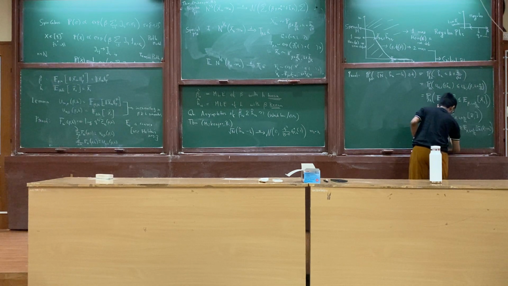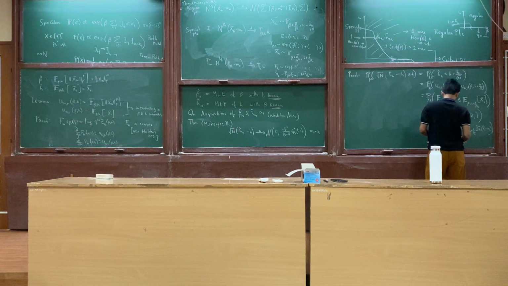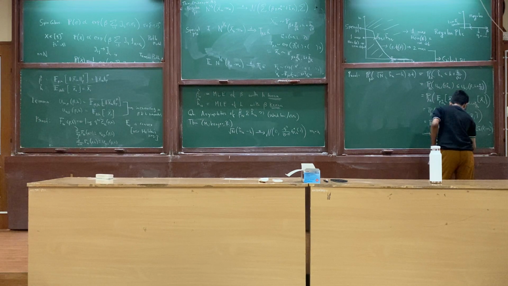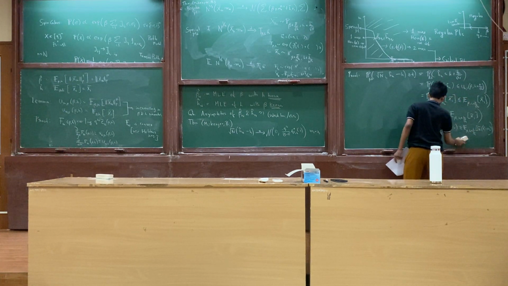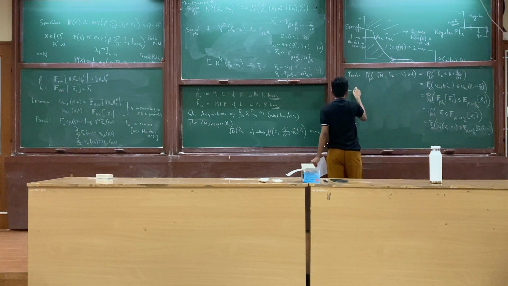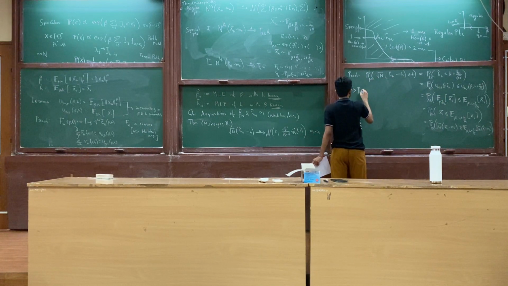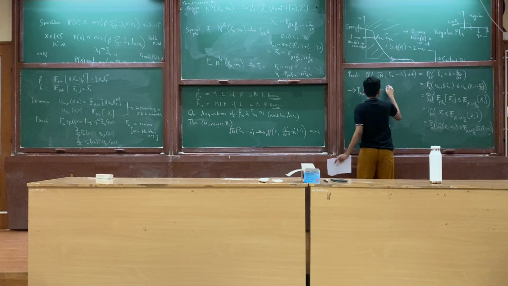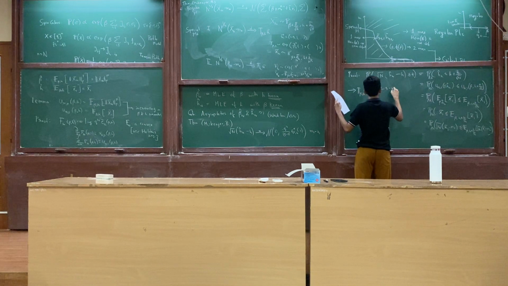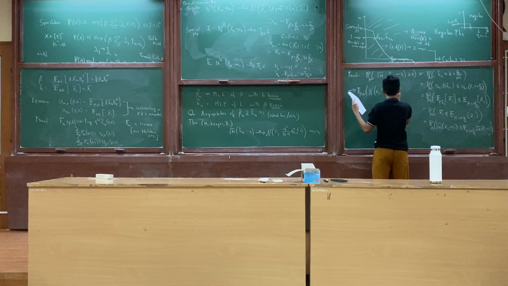normal 0 comma minus q plus 1 whole square. I think it won't fit here. So this thing goes to q beta h normal 0 minus q minus 1 whole square, f beta h s less than or equal to.